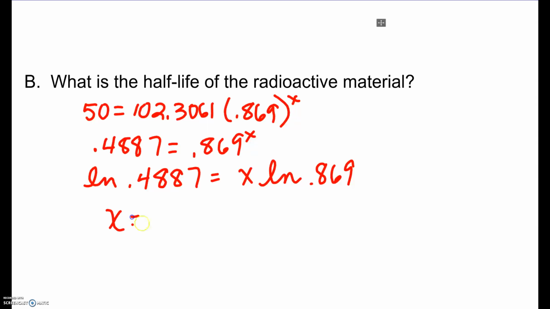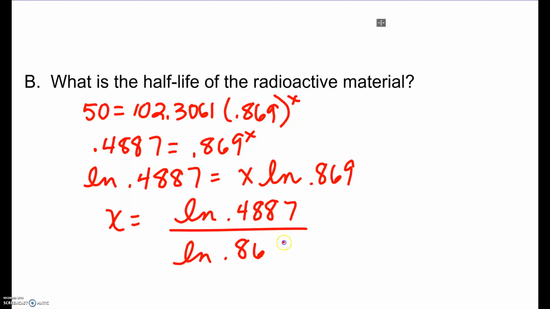And then divide both sides by the natural log of 0.869. And we get about 5.1 for x, so we'll round it to about 5 weeks there.